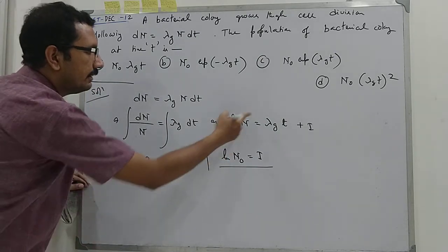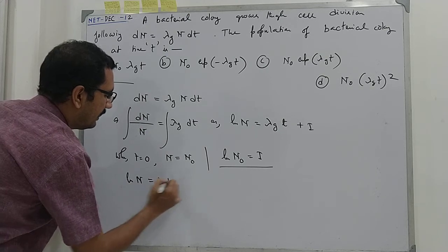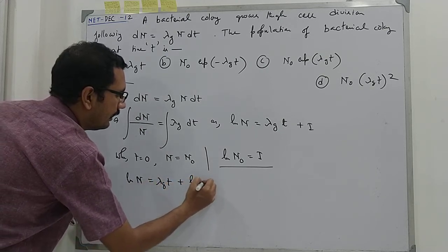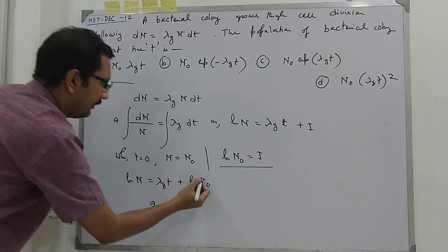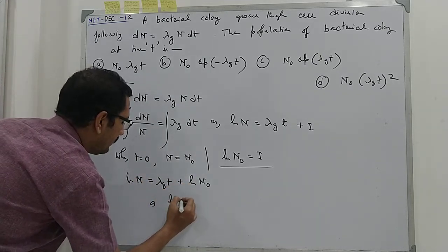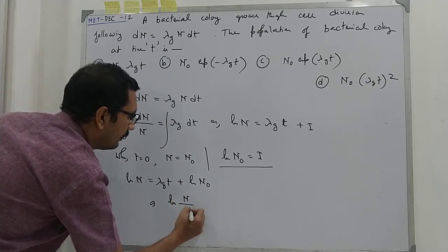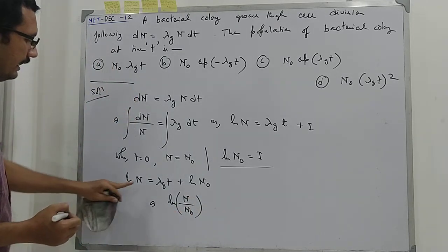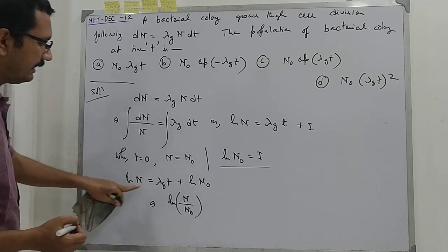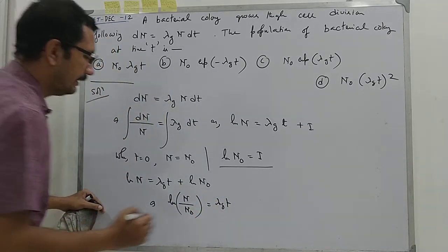We put it in this equation, so we have ln N equals lambda g t plus ln N0. We take this to the left hand side, so we have ln N minus ln N0, which is ln N by N0, equals lambda g t.